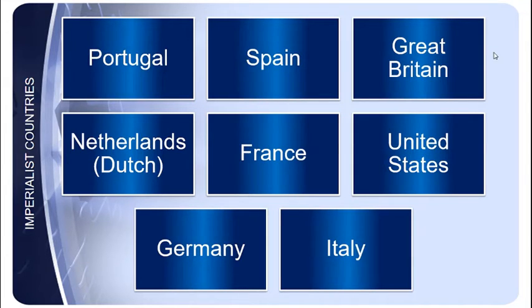Majority of them have been concentrated in Africa and even in Asia. Okay, and also has this influence in Latin America or the New World, the North and South America. Well, all of them, practically speaking, had made their imperialist ideas or expansionism in the areas na meron silang hawak o control.